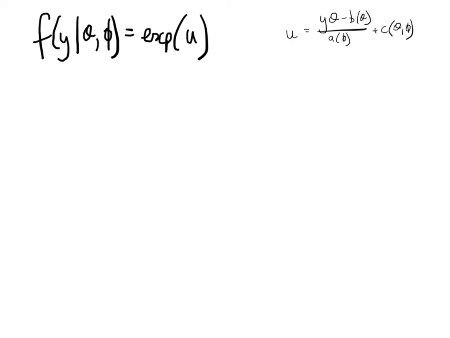Now, for any valid PDF, we know if I integrated the density over its range, it would be equal to 1.